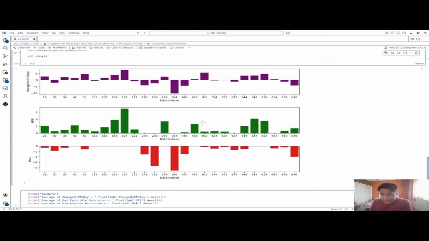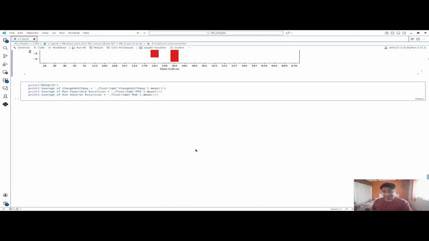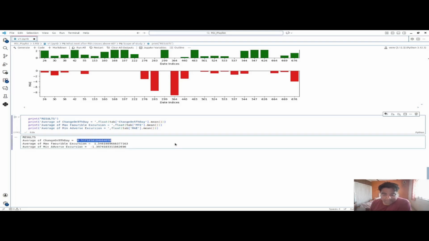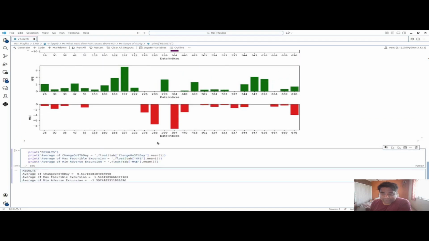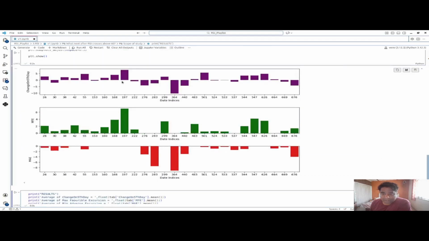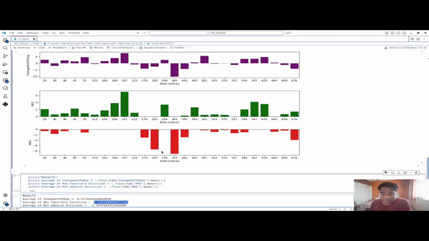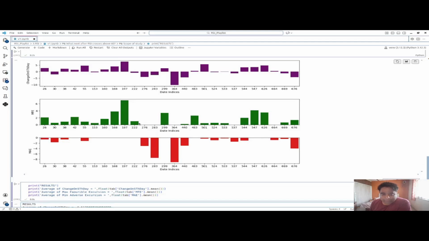So how do we quantify these results? Let's go and see. These are the results. Average of change on the 5th day, 0.5%. See, it falls on the positive side. Average of maximum favorable excursion, 1.54.